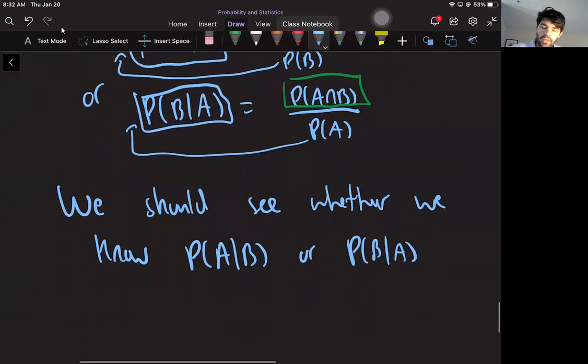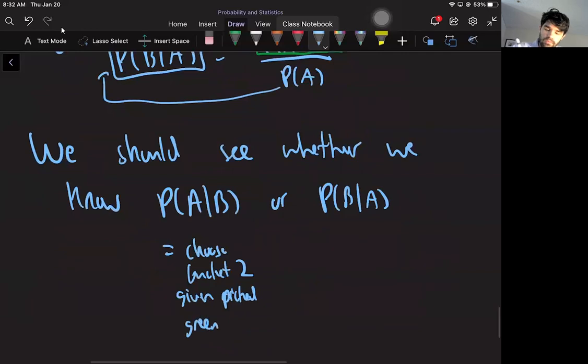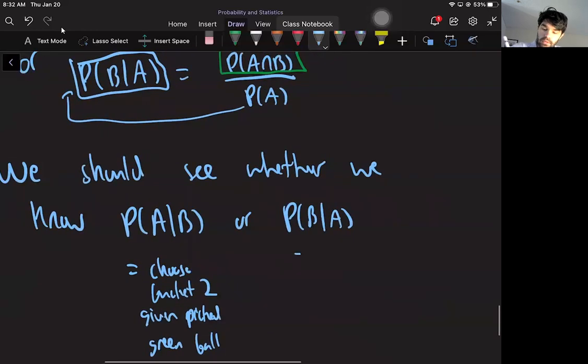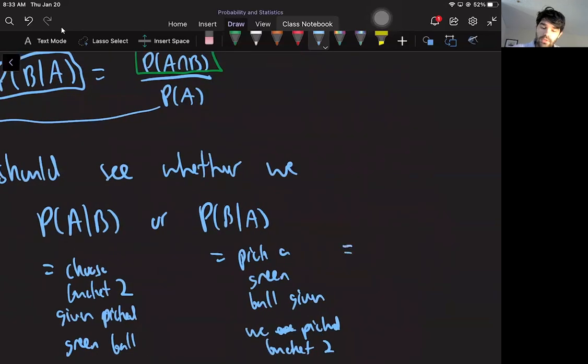So what are these? Probability of A given B is the probability that I choose bucket 2 given that we picked a green ball. So that's a bit harder. The other one is the easier one. So this is the probability that we pick a green ball given we picked bucket 2. So this one we can actually just do by counting.